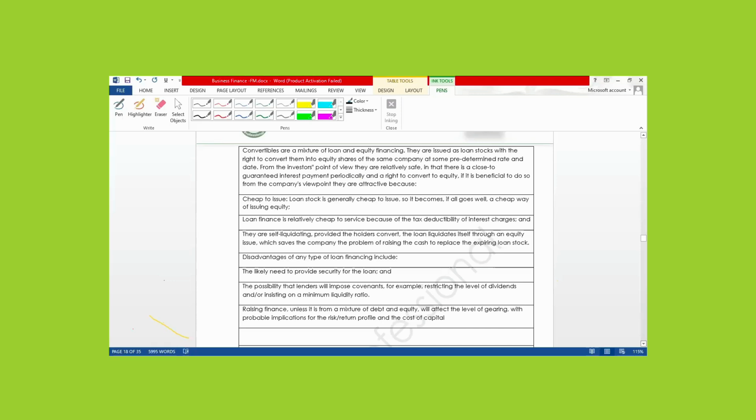So my question now is, if the company is maintaining a minimum liquidity ratio, does that not mean that the company will struggle to meet its short-term liabilities, payables and all those things?